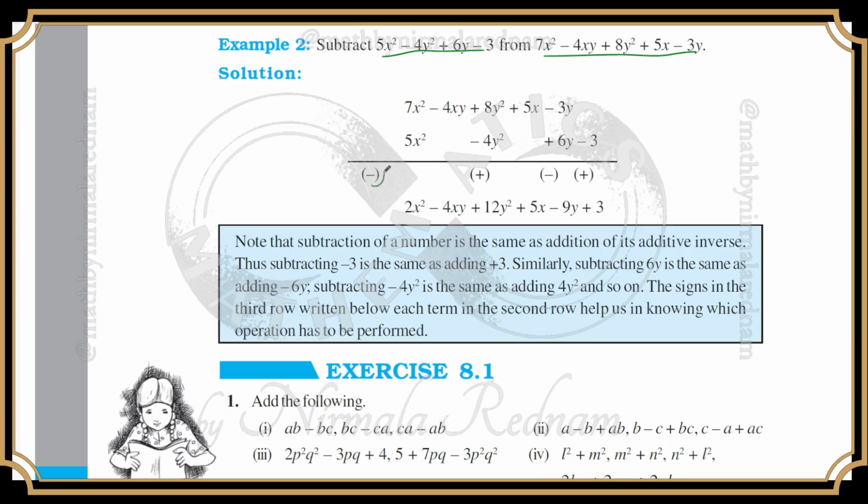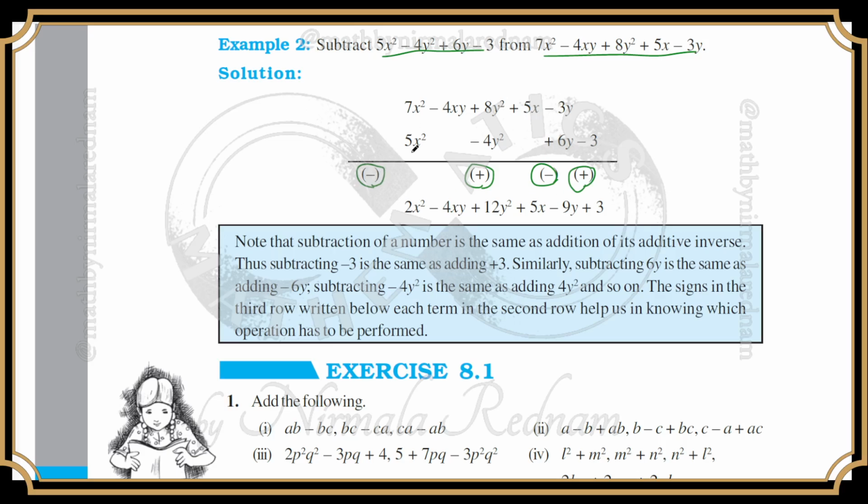Now, after this step of aligning all the like terms, you are going to reverse the signs of all the terms in the second expression, right? Why? Because it's a subtraction. So minus 4y square will become plus 4y square, plus 6y will become minus 6y, and minus 3 will become plus 3.